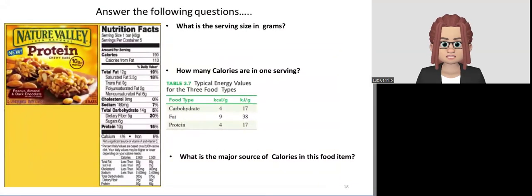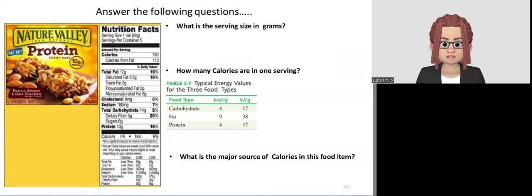So here we have a food product that I found online with its nutrition facts label. We can see specifically that this is protein chewy bars from Nature Valley. First question that we have here, what is the serving size in grams?